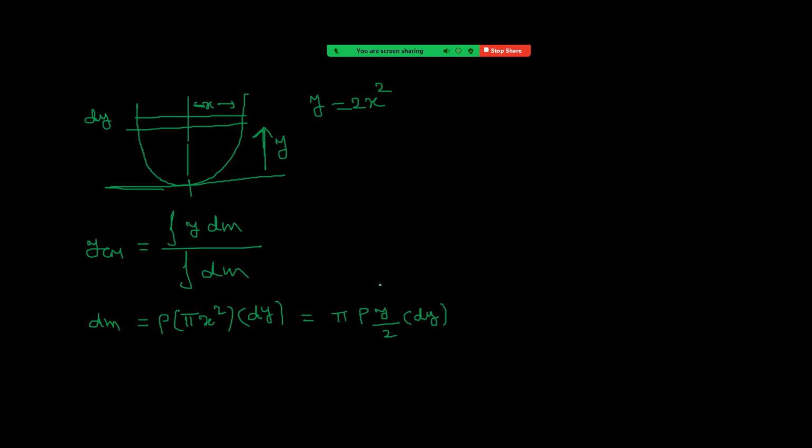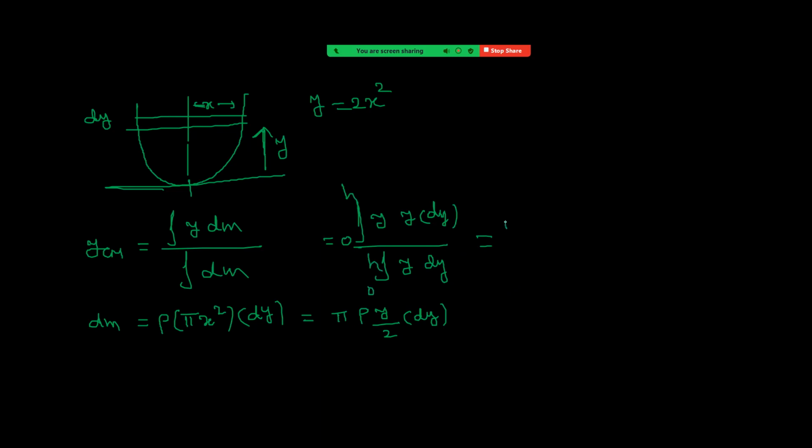Simply y dy. Integral y in the place of dm, y dy, because the remaining are constants, they get cancelled. Integration of y dy. But students, you should not cancel y and y because y is variable. Take limits 0 to h.